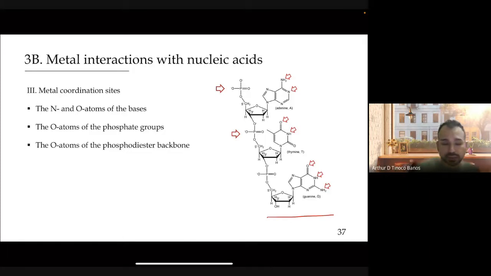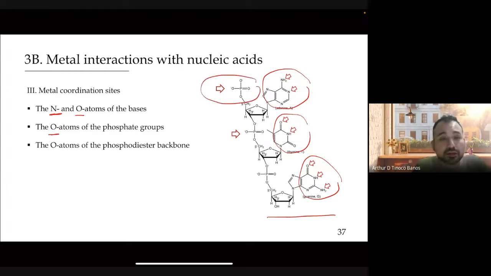What you commonly see are the nitrogen and oxygen atoms of the bases, all the bases, that are capable of binding to metal centers. So there are plenty of examples of that. You also have the oxygens of the phosphate group that are capable of forming a bond to a metal, and the oxygens of the phosphodiester groups that are also capable of forming a bonding interaction.